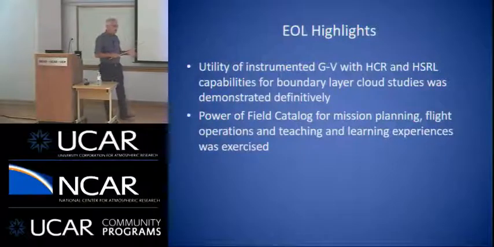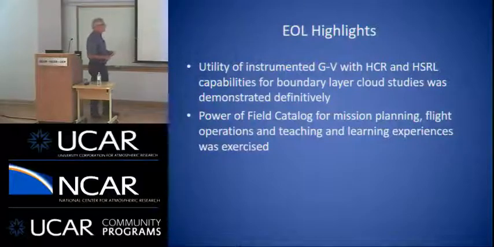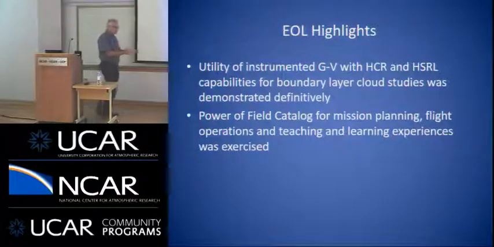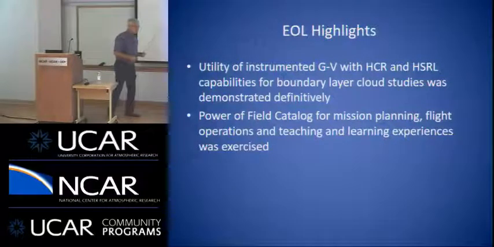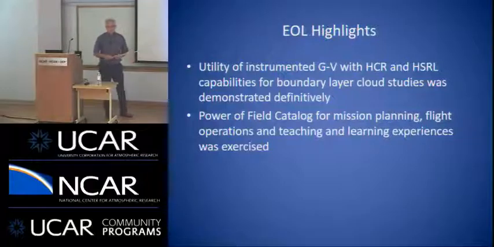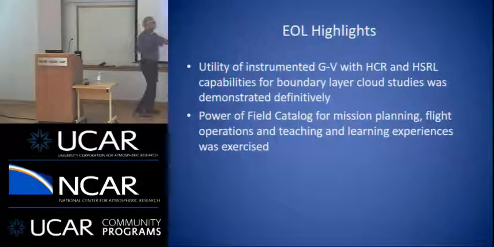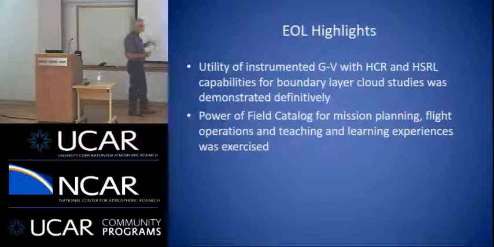But overall, I think it performed quite well. And I think the other lesson from this is that by making some of your flights at the low levels and the rest at the higher levels, you could cover a pretty good range in making these measurements. So if there were some doubters as to how the G5 might work in the boundary layer, I think hopefully most of those doubts have been put away.